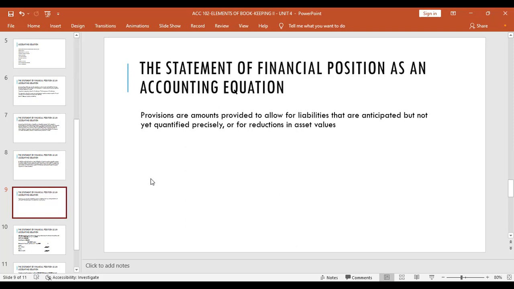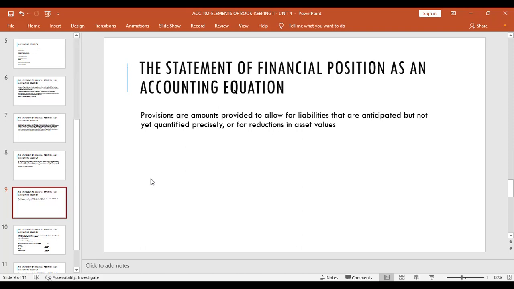There's a court case against the organization. We don't know how it's going to go, but it's clear that we may have some financial judgment against us. So we have to provide for that judgment, of course, taking into consideration a lot of factors. That is what we mean by provision.